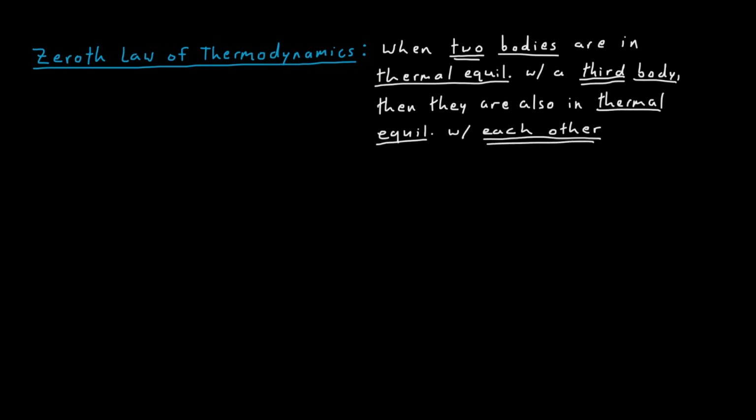And of course, you might be thinking that this sounds very obvious, and that is true, but this law is supplementary to the first and second laws because this can generally not be inferred from either the first or second law. And according to the reference thermodynamics book, this law was first formulated by the physicist Ralph H. Fowler in 1931.